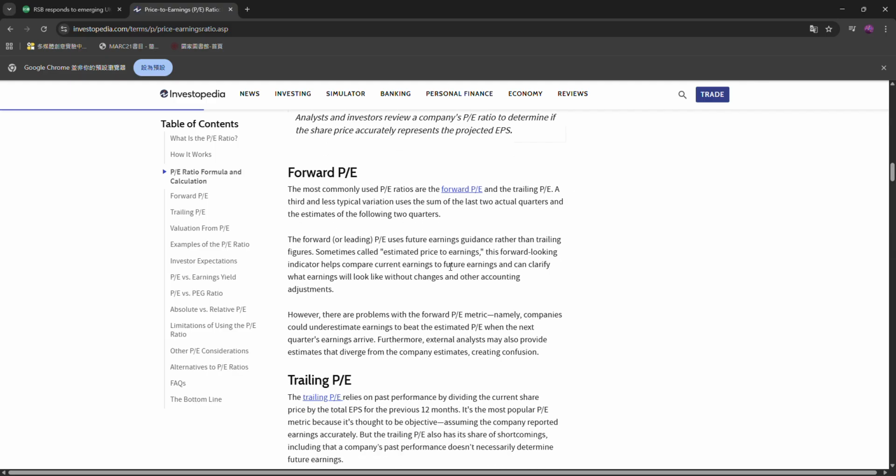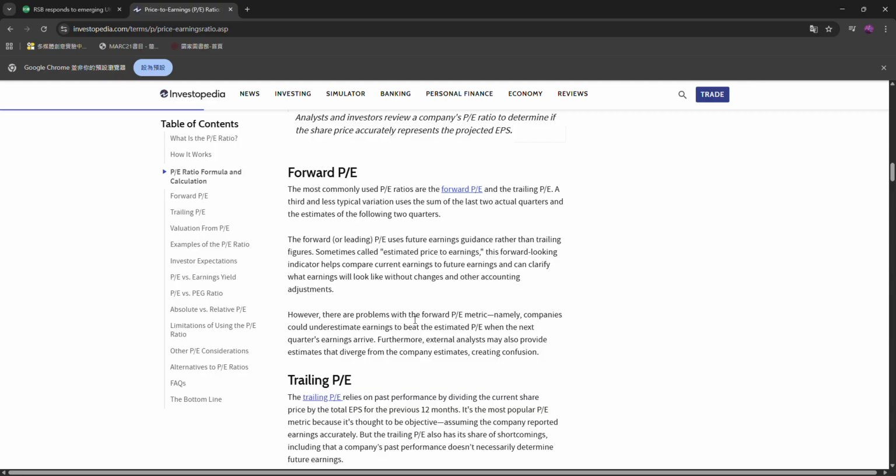The forward or leading PE uses future earnings guidance rather than trailing figures, and is sometimes called estimated price to earnings. These forward-looking indicators help compare current earnings to future earnings, and can clarify what earnings will look like without changes and other accounting adjustments.